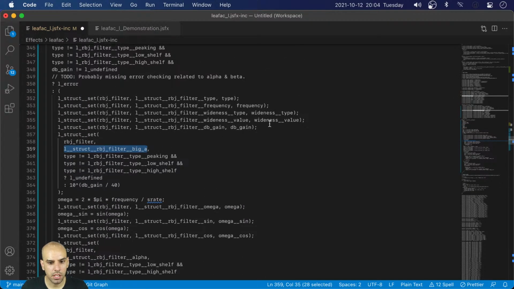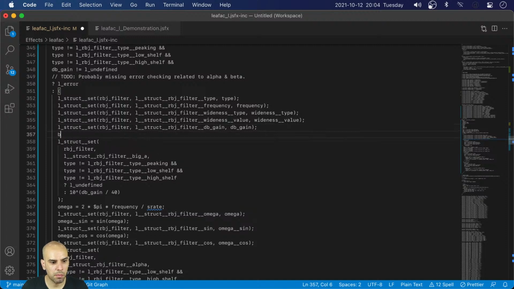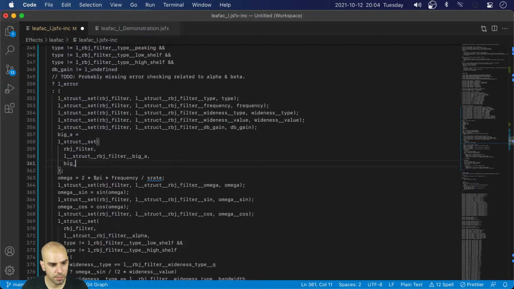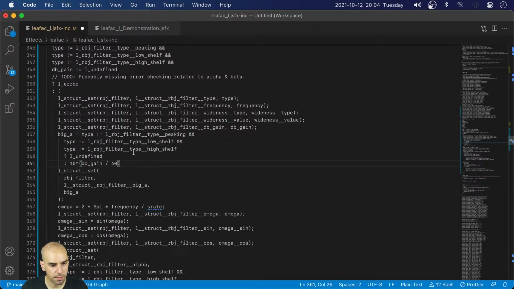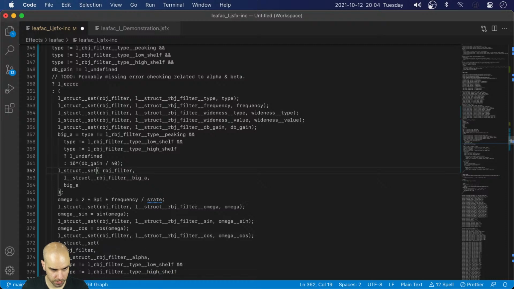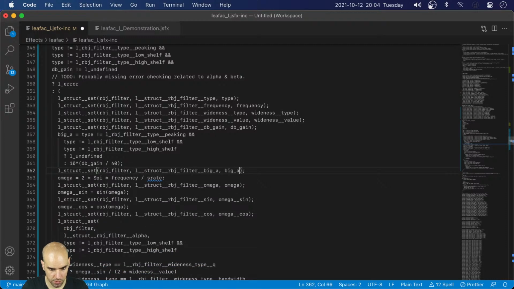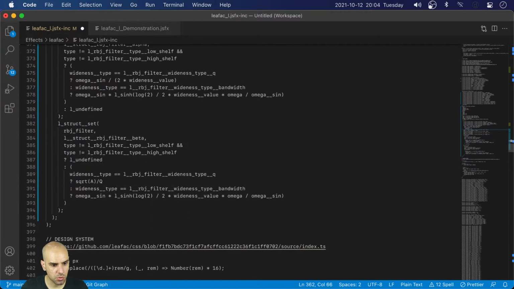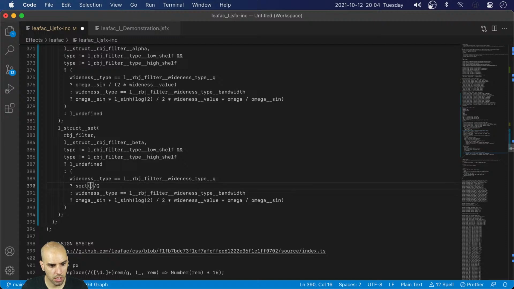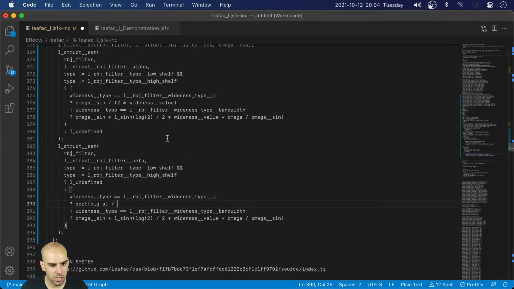And then I need to have a big A sort of situation there, because I will need to use this down here. So this is not capital A, it's big A, and this is not Q, it is that. No, it is this.